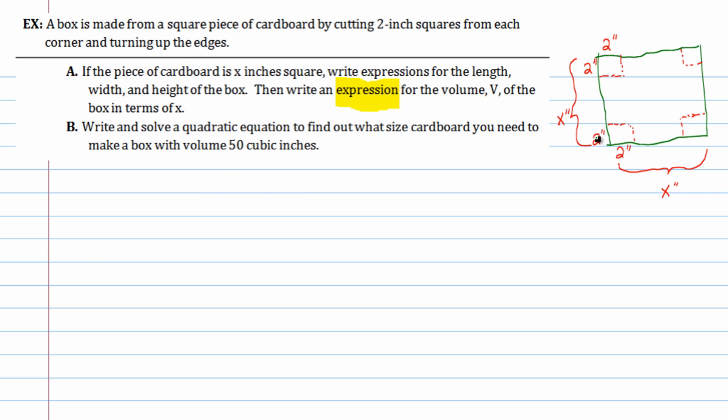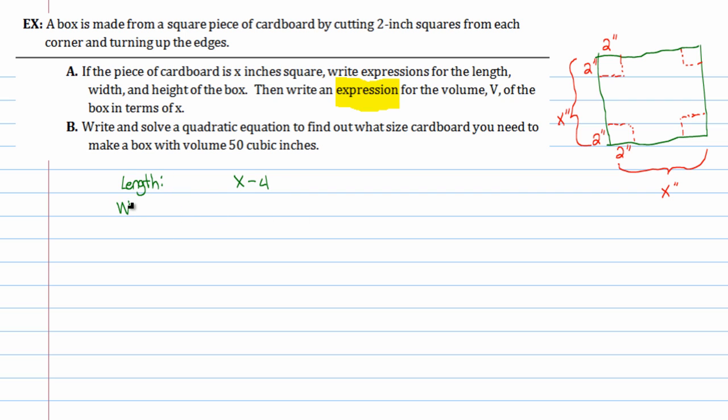The length is just going to be this length x, but we lose some of that length. When we fold up the edges, we lose 2 inches because of this rightmost edge and 2 inches because of the leftmost edge. So the expression for the length is going to be x minus 4.